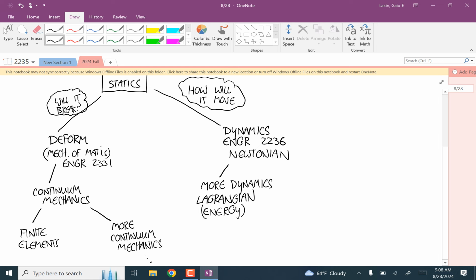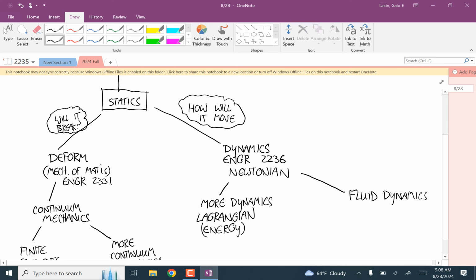And then from the Normandale dynamics class, you also get a branch here that goes into fluid dynamics. And so statics, deform, and dynamics is the end of what we have at Normandale for mechanical classes.